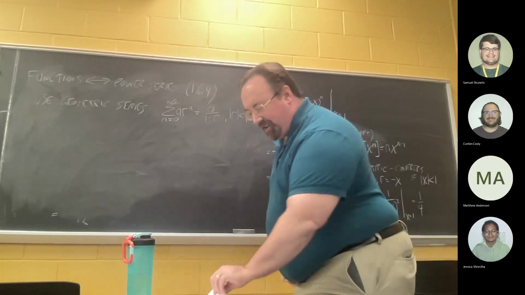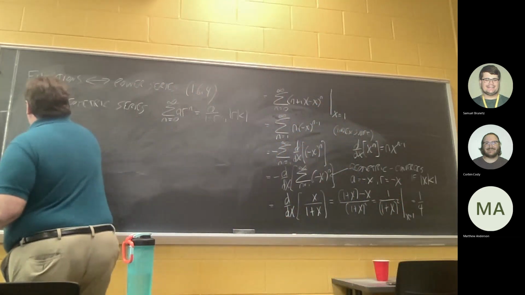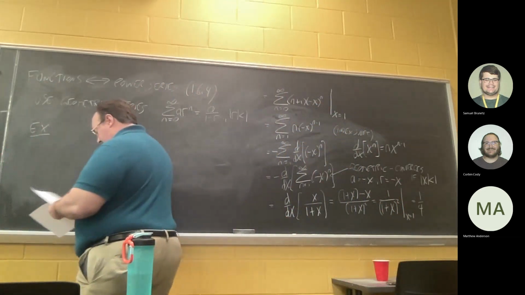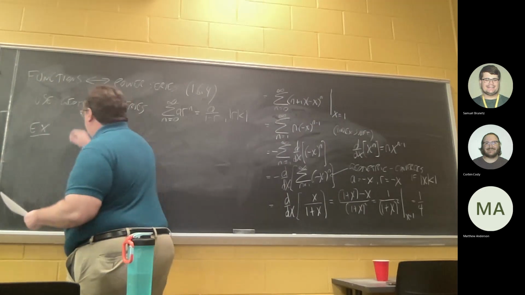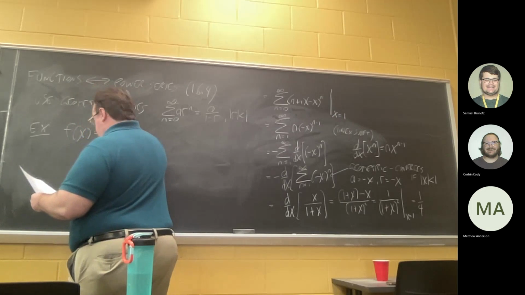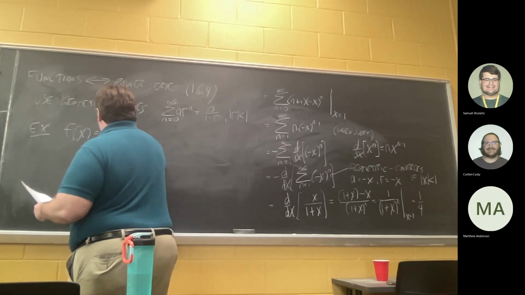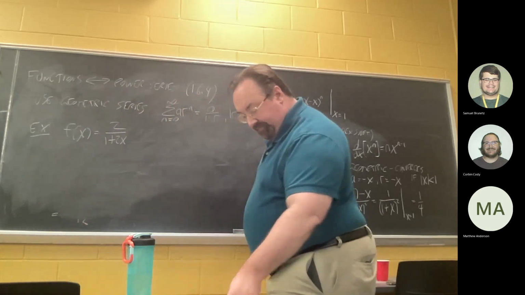Well, actually, I have nothing here but examples. So I'm going to give you a function, and I'll show you how to get the power series for it. 2 over 1 plus 2x. Okay.